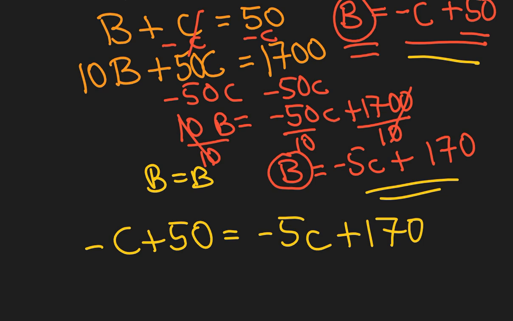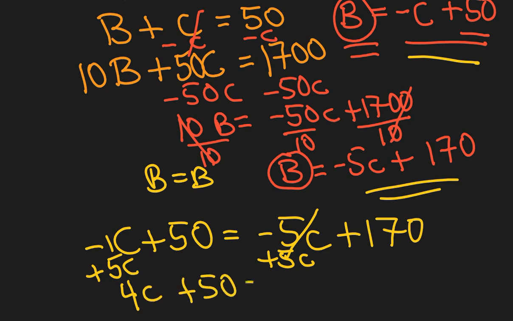And when I'm done with this, I'll know what c equals, and I'll take it back in and plug it in. All right. I'm going to add this 5c over here because, of course, I'm trying to combine my variables. Opposite operation, they cancel. 5 minus 1c is 4c's. I'm going to subtract my 50 from both sides.